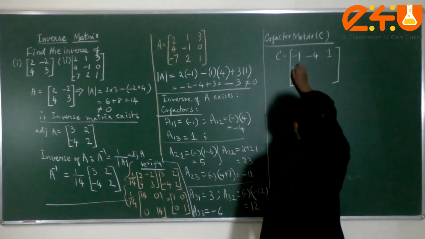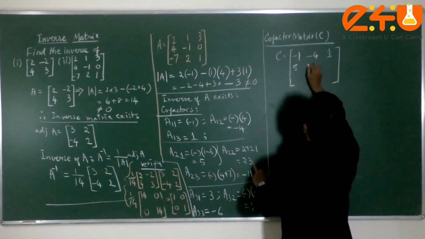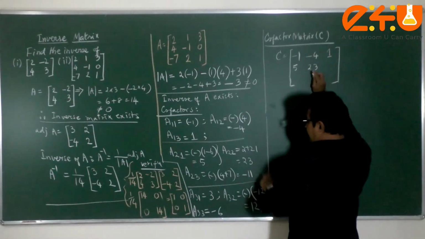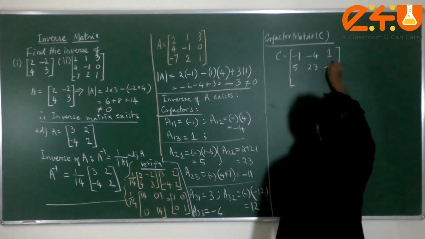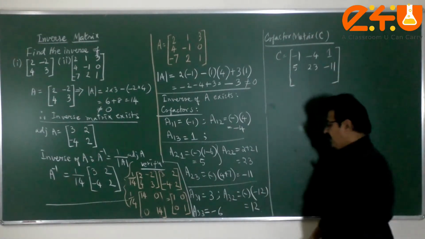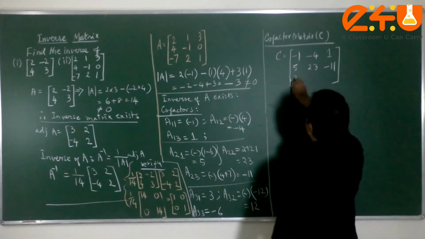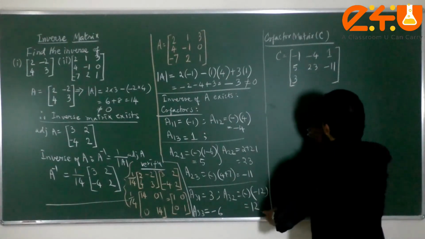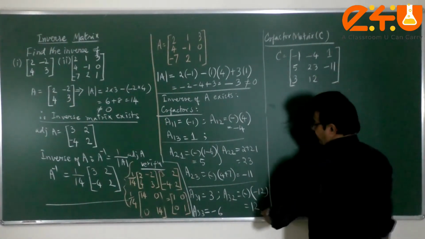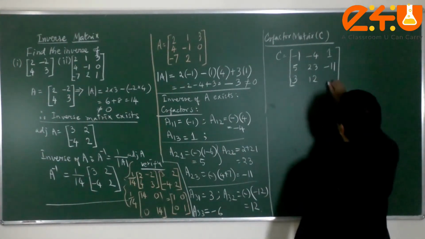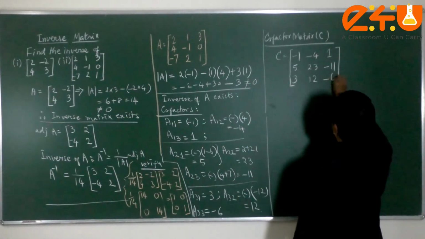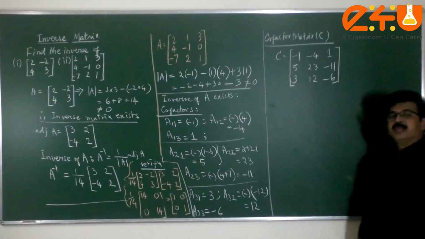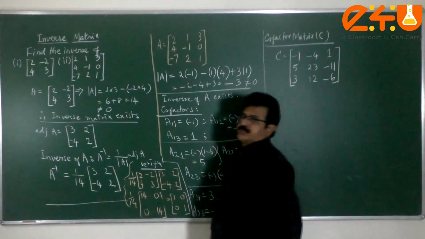A21, 5, A22, 23, and A23 negative 11, 31, 3 and 32. We have 12, and cofactor 33 is negative of 6. So that completes the cofactor.